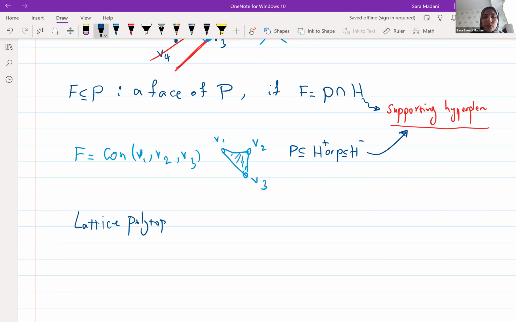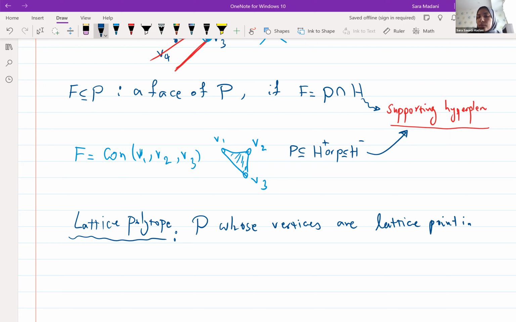And in previous talks, I think also by Hannah, you saw this word, but I just repeat it: a lattice polytope P is a polytope whose vertices, we know what vertices are now, are just lattice points in Z^d.